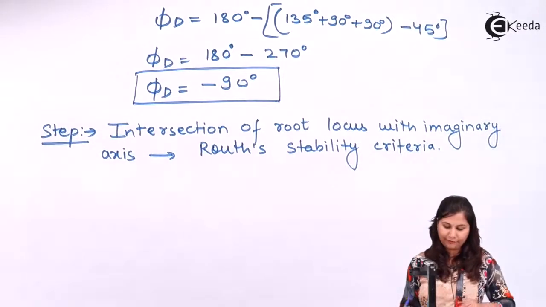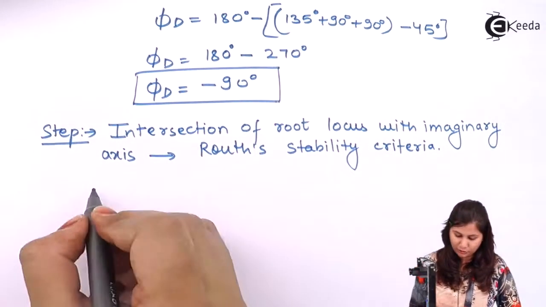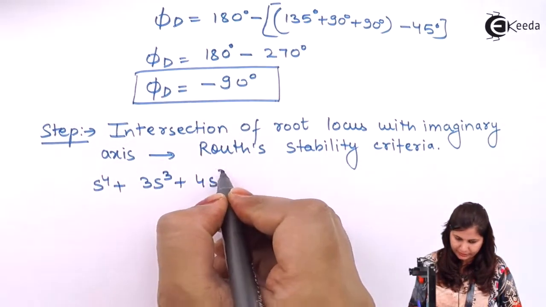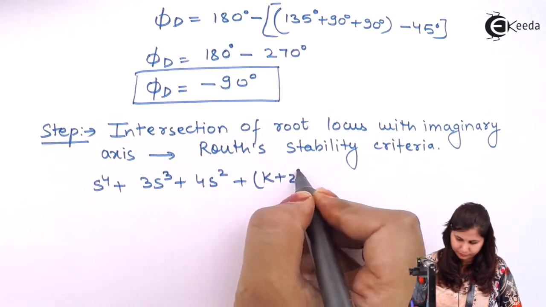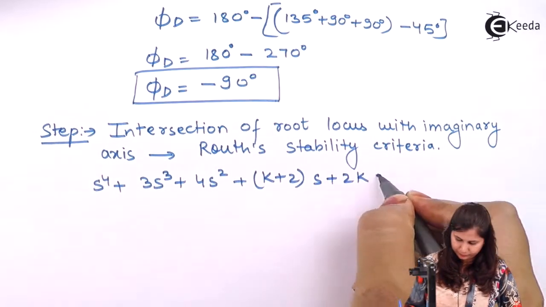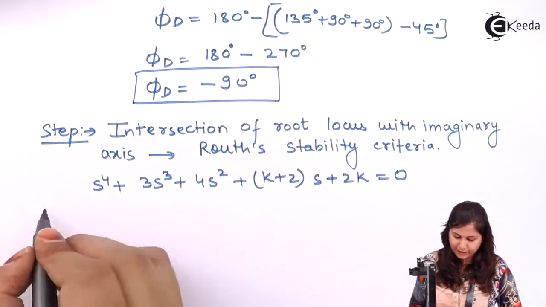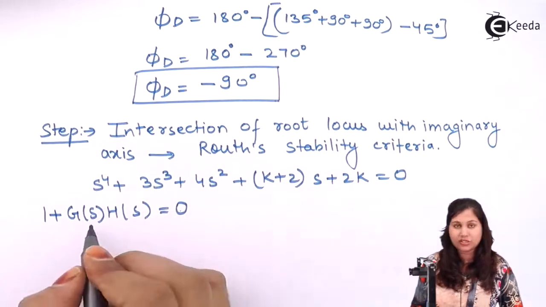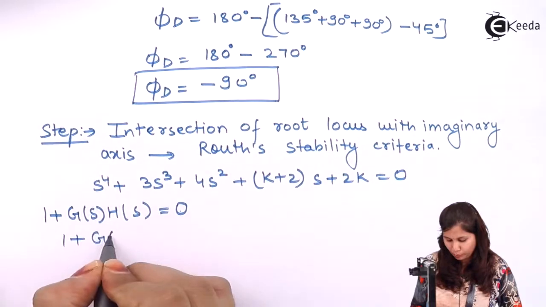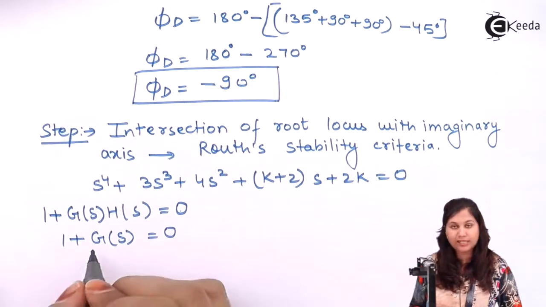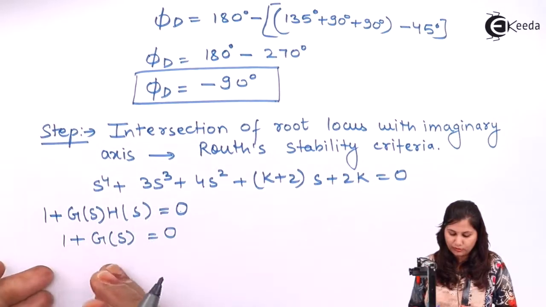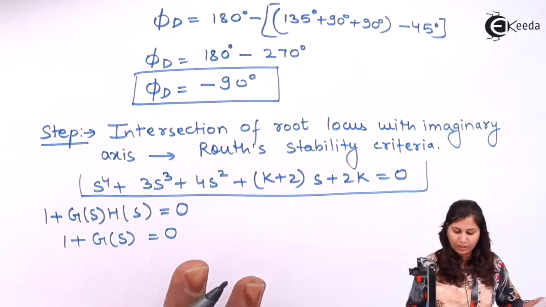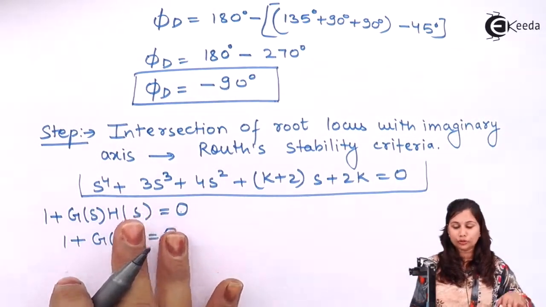So for the Routh array, we have to first obtain the characteristic equation. The characteristic equation for this system, we have already obtained it. What you have to do for the characteristic equation, you have to put 1 plus G(s)H(s) equals 0. H(s) here is 1, so you have to put 1 plus G(s) equals 0. G(s) value is given to you, so just solve this and obtain the characteristic equation. Okay. Now using this characteristic equation, form the Routh array.